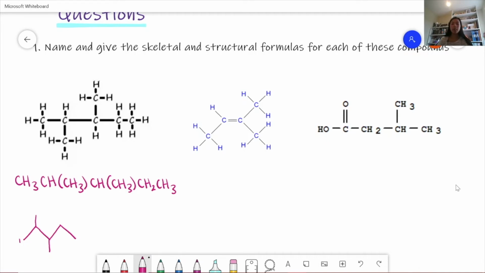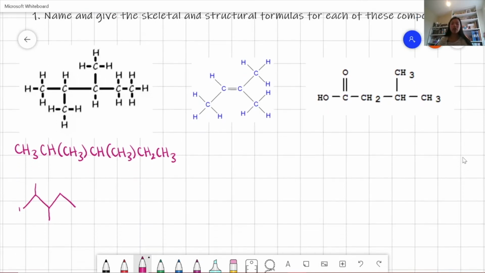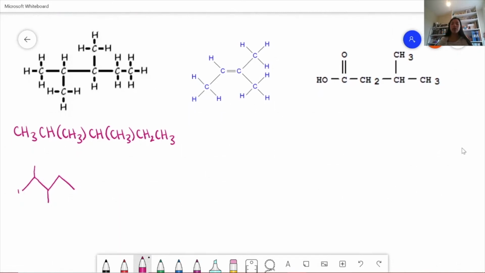So first we look at the longest chain. So the longest chain is made up of 5 carbons. It's this straight chain. And so it must be some kind of pentane. And then we number the carbons. So we can either number them 1, 2, 3, 4, and 5, or we can number them 1, 2, 3, 4, and 5 from the other end.